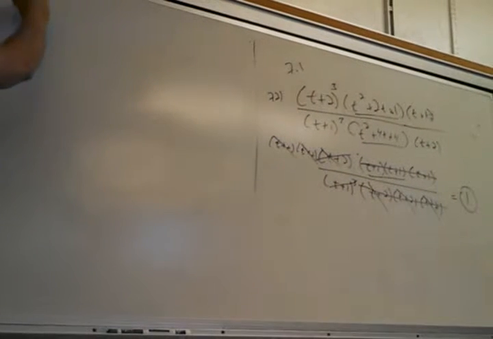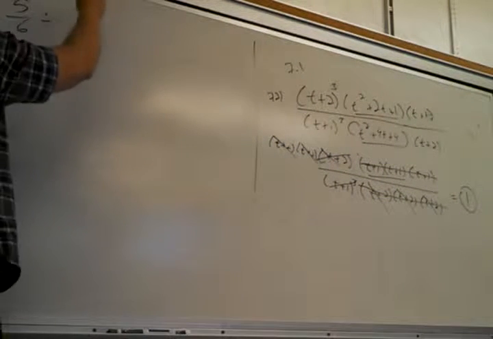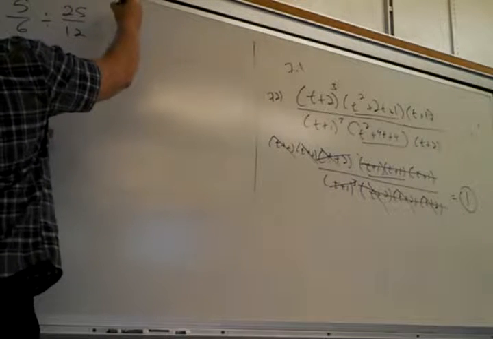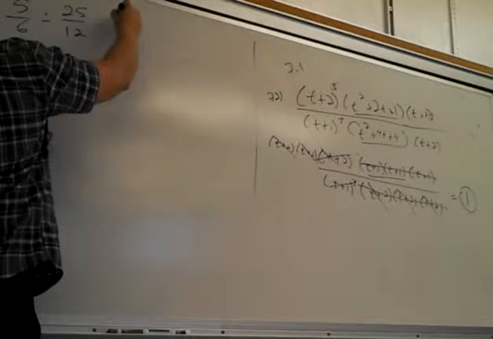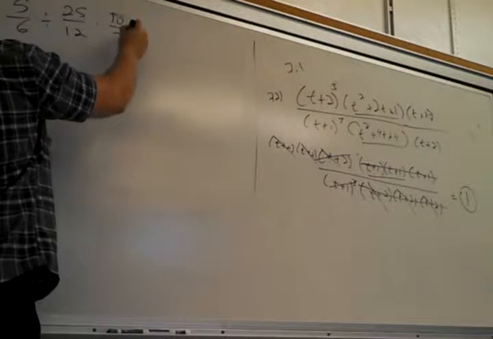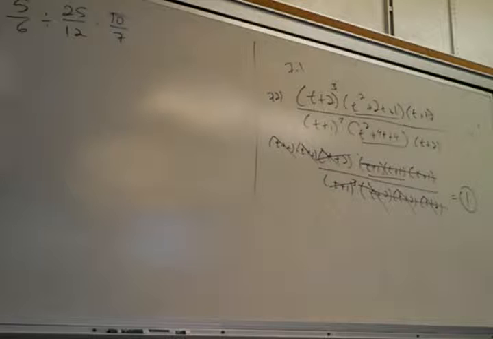Let me ask you this. If I had 5 sixths divided by 25 twelfths times, I don't know, 10 over 7. How'd you do that? You multiply with the reciprocal.